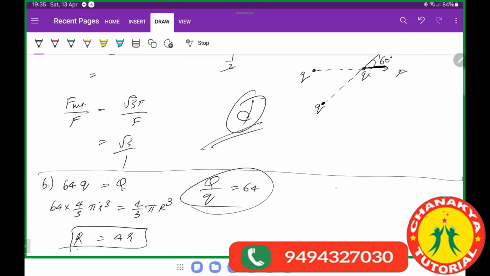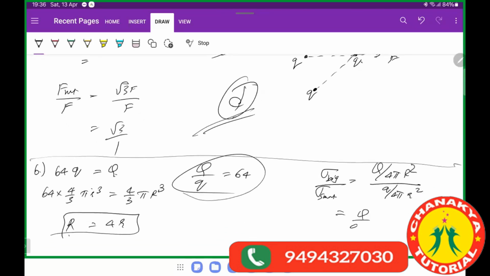What they're asking is the ratio of surface density. Sigma for the big one divided by sigma for the small one. We can do that. Surface density is charge per unit area, so charge per 4 pi R square for the big one, and charge per 4 pi r square for the small one.